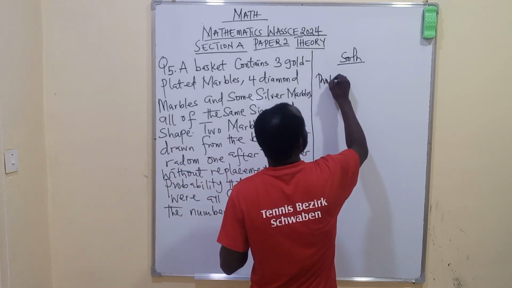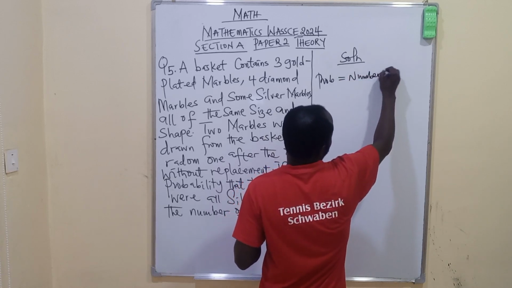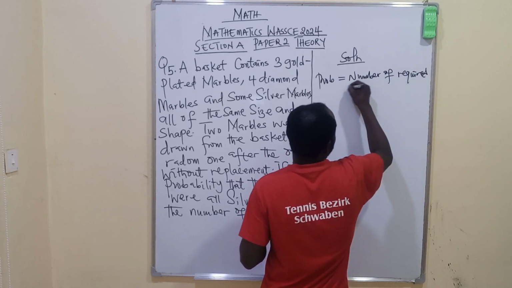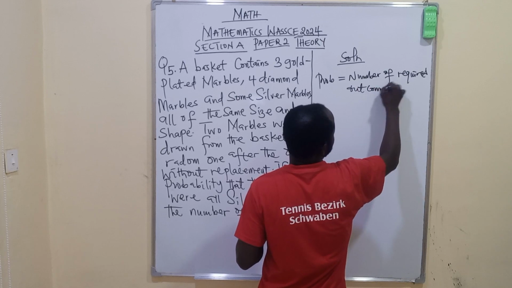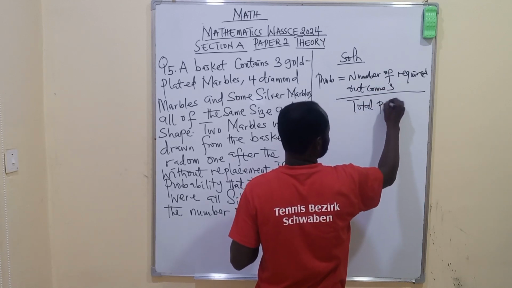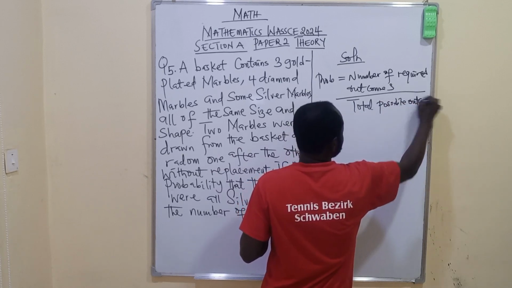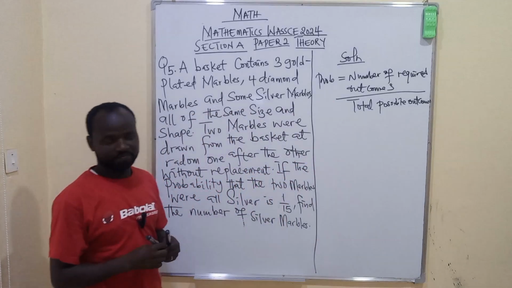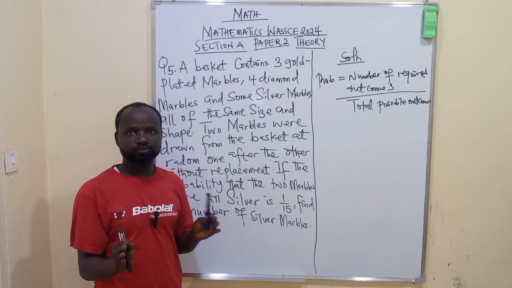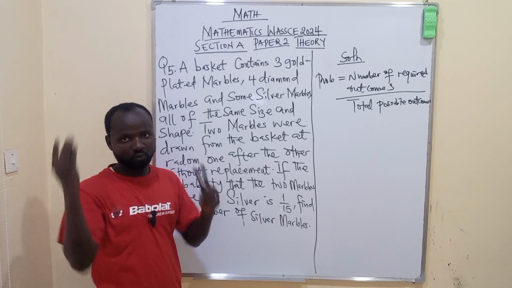So let's write down the solution. Probability equals the number of required outcomes divided by the total possible outcomes. This is the formula for probability. The range of probability is between 0 and 1. Probability should not be less than 0, and should not be more than 1.